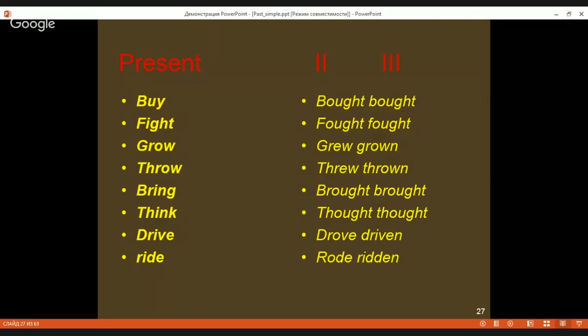As you can see, those pairs of verbs follow the same algorithm. My recommendation to you is, please take a list of irregular verbs, work through this list, and distribute them into several categories according to how they sound. Try to find some similarities in them. It will be much easier for you to learn them.